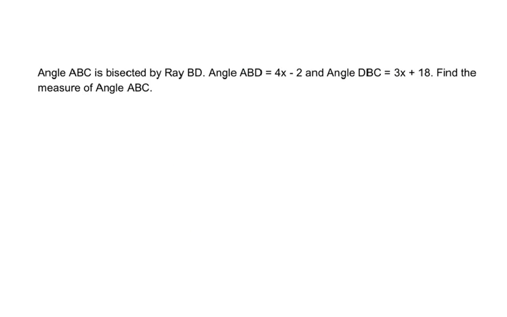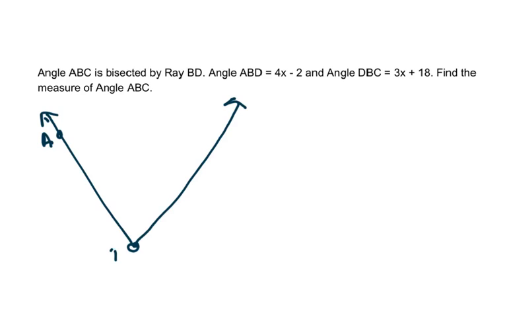We have a similar problem here. It says angle ABC, and this one I really don't know how big it is. So I'm going to do this so I can at least write in it. I got angle ABC, bisected by BD. Bisect means these are equal to each other. ABD is 4x minus 2.